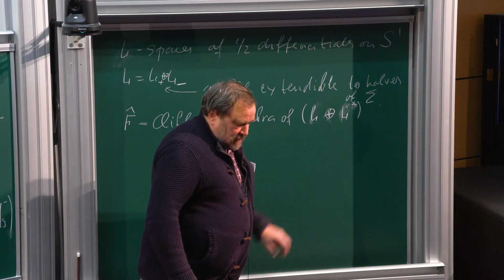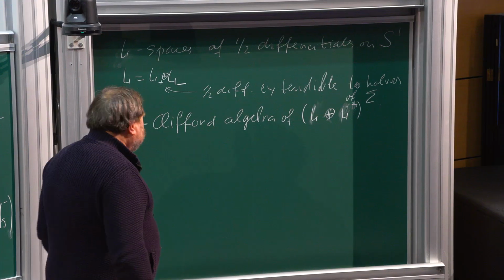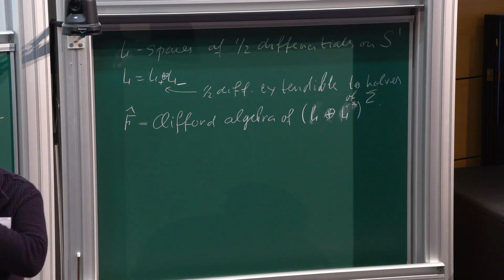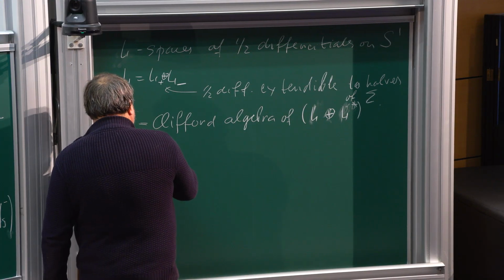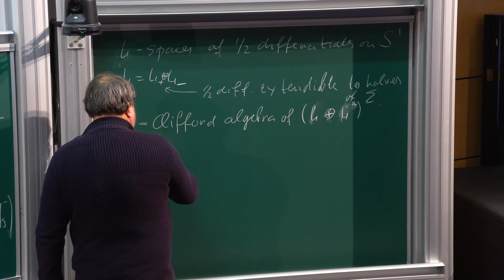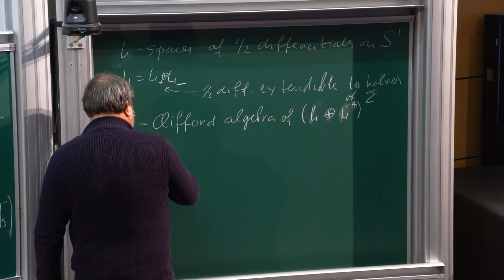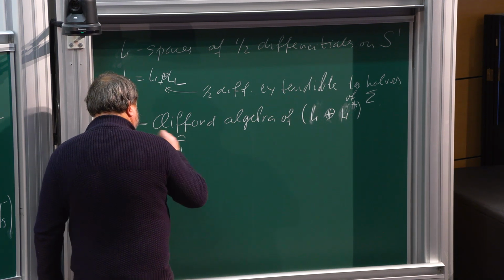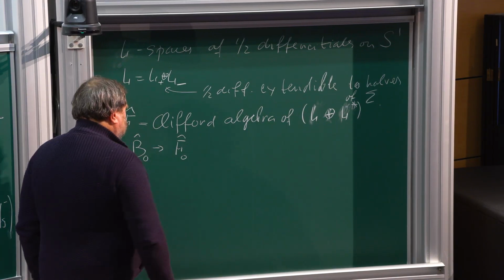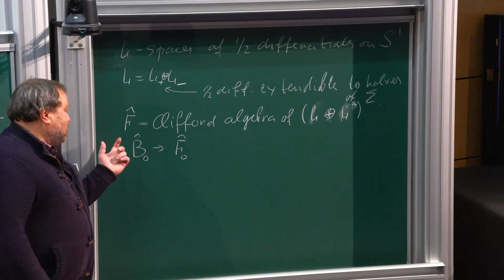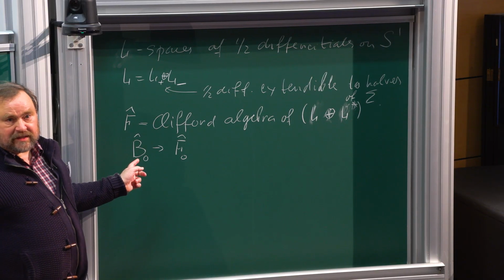So this is this Clifford algebra, and I claim that there are two maps. One map takes B hat to F hat. It's called the boson-fermion correspondence.